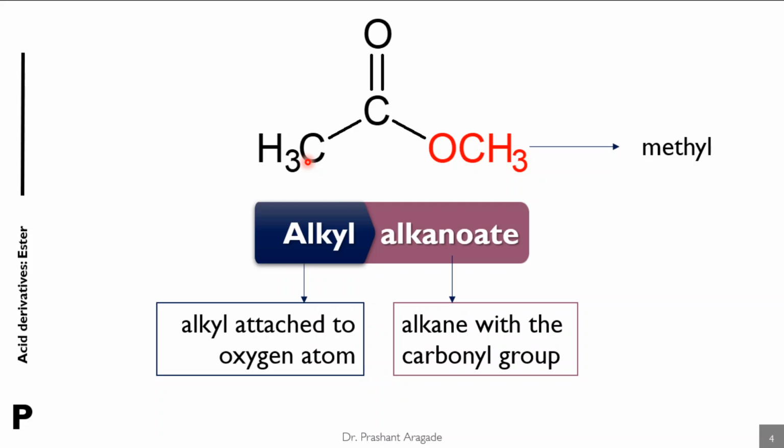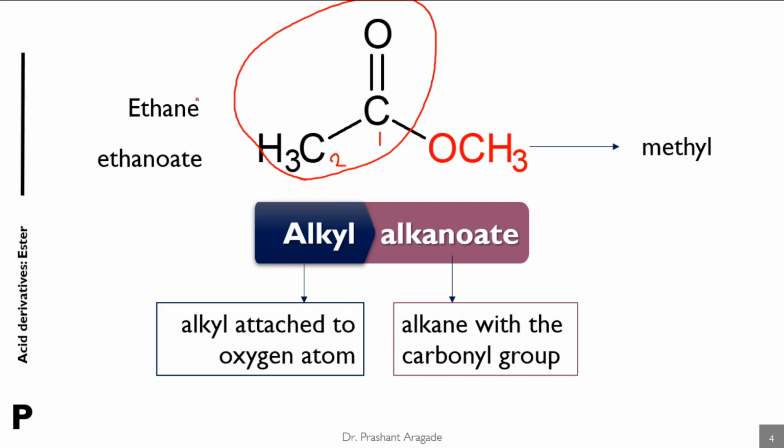Together this is regarded as the alkane group. As it contains two carbon atoms, the alkane is ethane, and then you replace this E with the suffix used for ester, that is OATE.